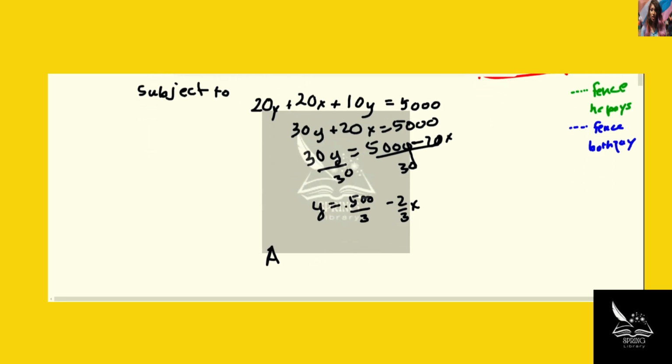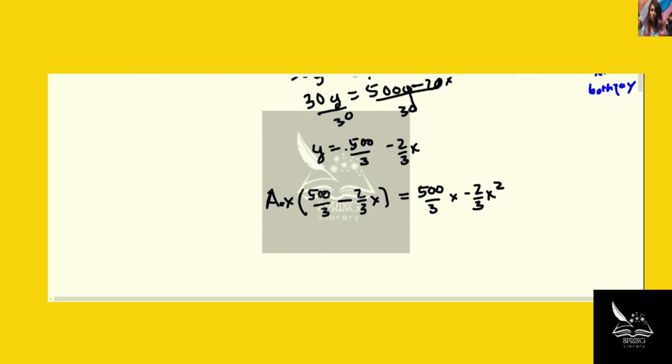So area is X times Y, which is X times 500 thirds minus 2/3 X, which is 500 thirds X minus 2/3 X squared. All right, now we're going to take the derivative with respect to X, so we'll call it A prime.